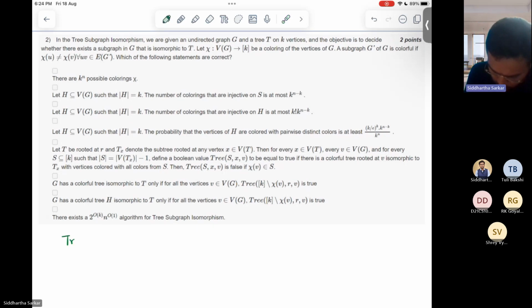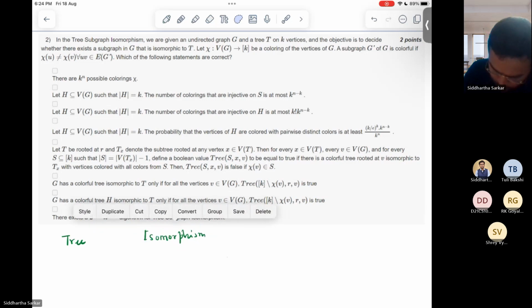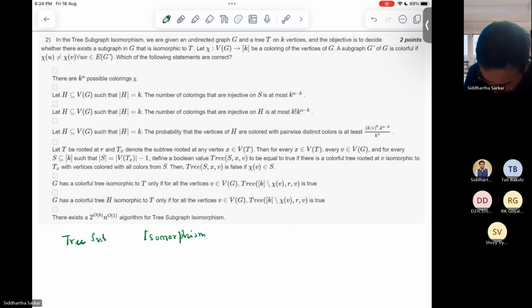So there is this tree subgraph isomorphism problem. It takes as input an undirected graph G and a tree on k vertices. So the number of vertices of T is k.